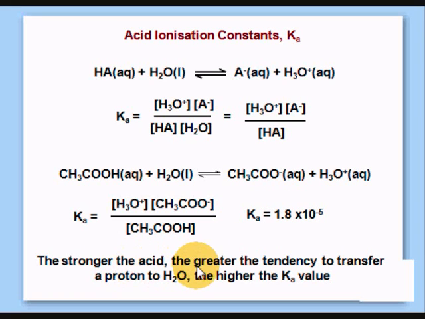The stronger the acid, the greater the tendency to transfer a proton to H2O, and also the higher the Ka value. And again, we see this in the table later on. We see values for an acid that run from the weakest, which is approximately in the 10 to the minus 19 region, to above 10 to the minus 5, into the positive, the 55 value, and beyond that to very strong for sulfuric, nitric, and hydrochloric acid.